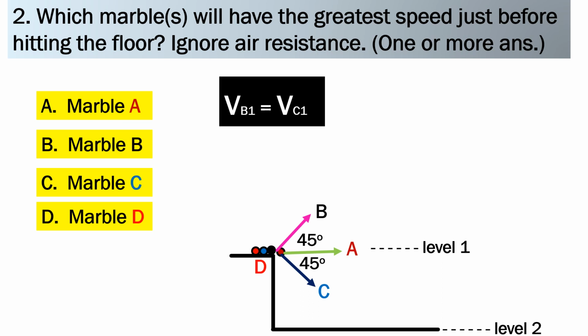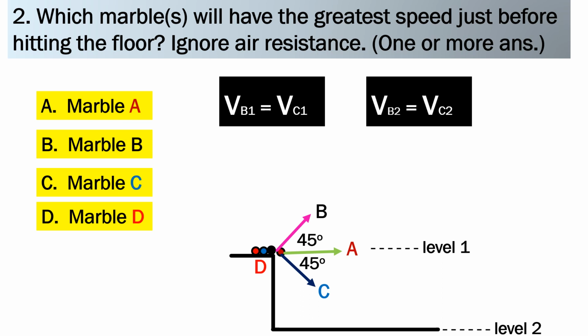So that is the meaning of this equation, which means that when they reach the floor, the level of the floor now labeled as level 2, just before reaching the floor, we also note that the speed of marble B and the speed of marble C are also equal.